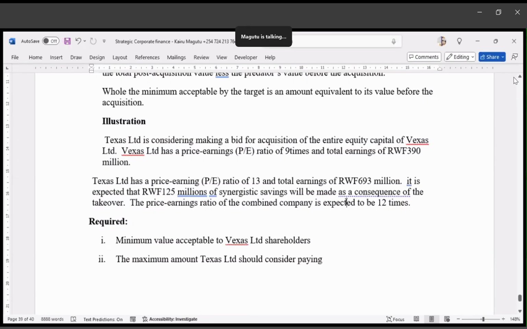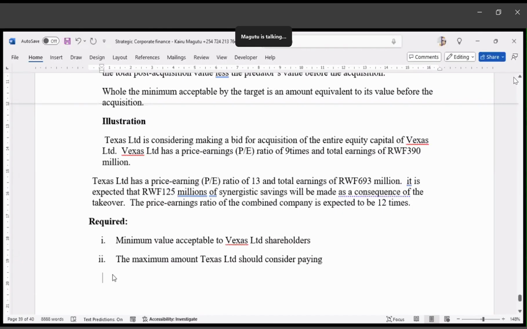Texas Limited has a price earnings ratio of 13 and total earnings of 693 million. It is expected that 125 million of synergetic savings will be made as a consequence of the takeover. The price earnings ratio of the combined company is expected to be 12. I want to just use this question to demonstrate that part, and that will be enough for today.